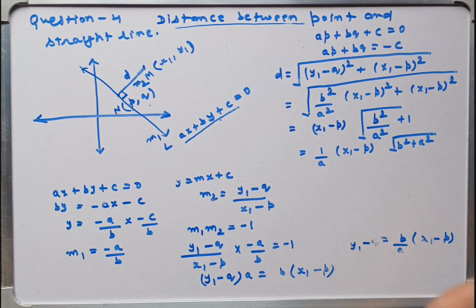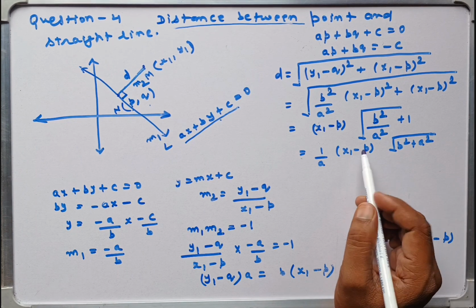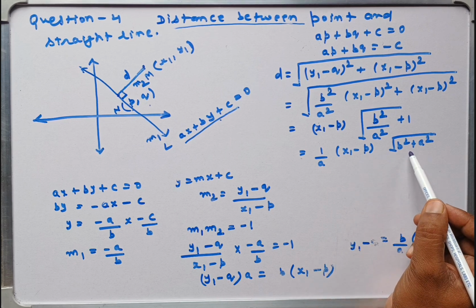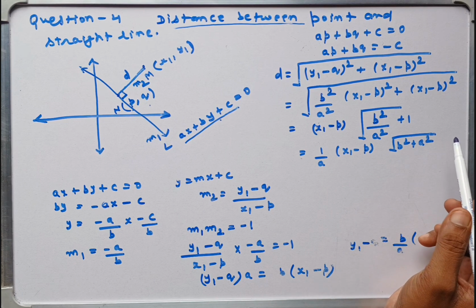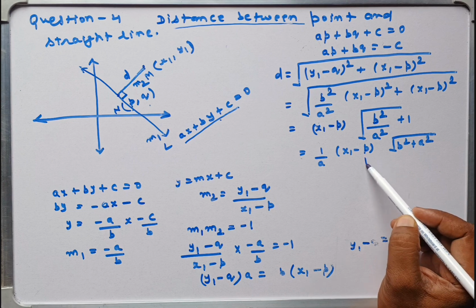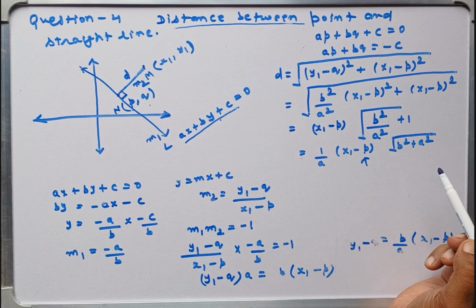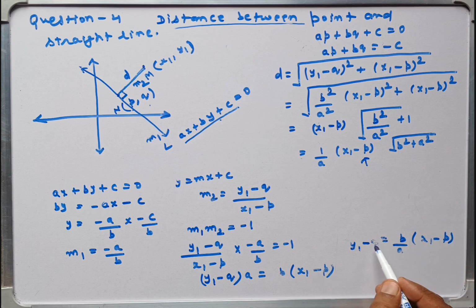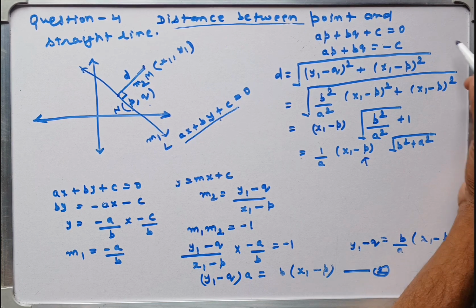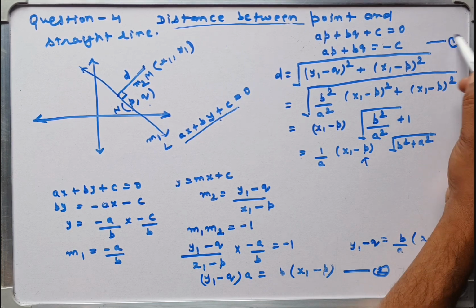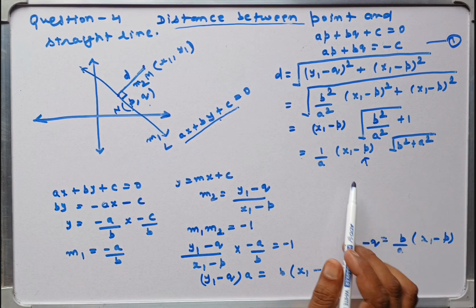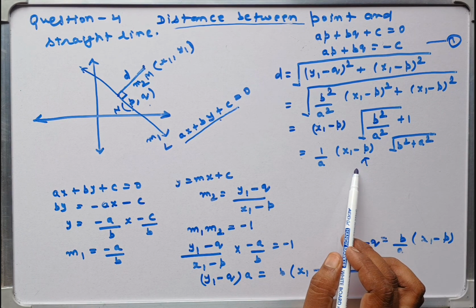Okay, so what you see here, all the values you know except p. P is unknown here. Okay, so guys, when you have two equations, this is equation number 2 and this one is equation number 1, then you can find the value of p.